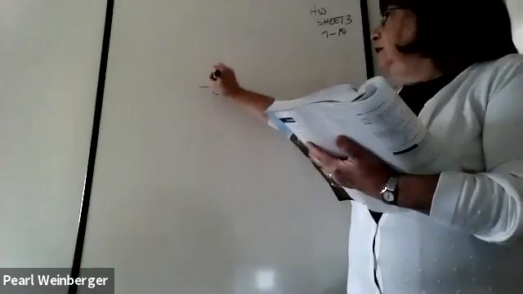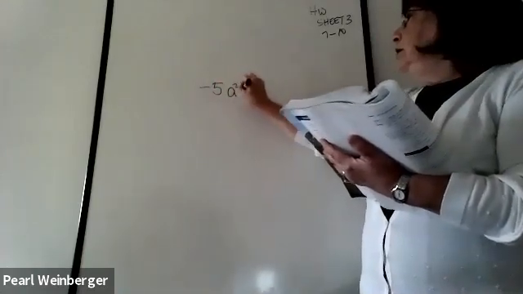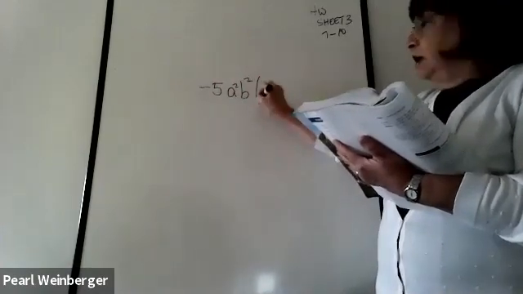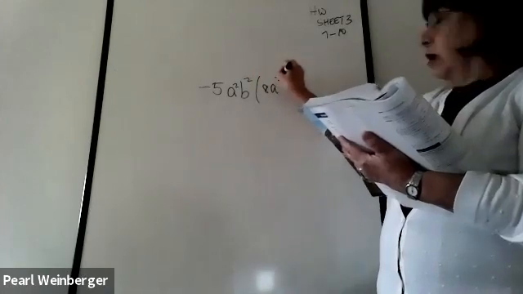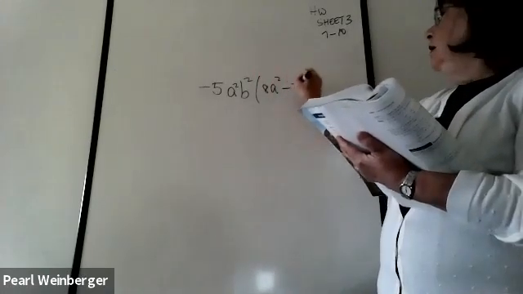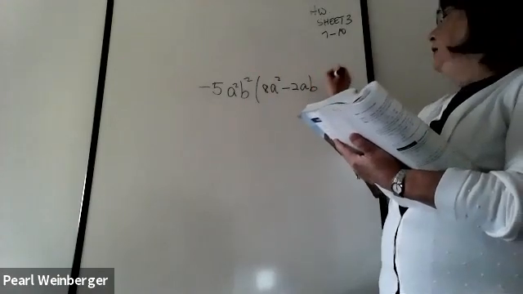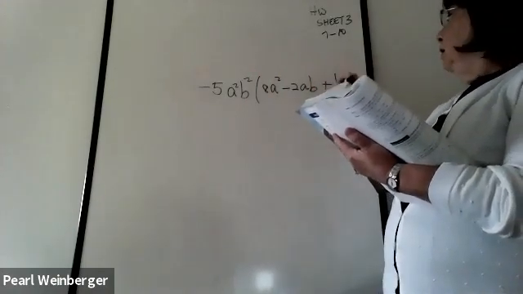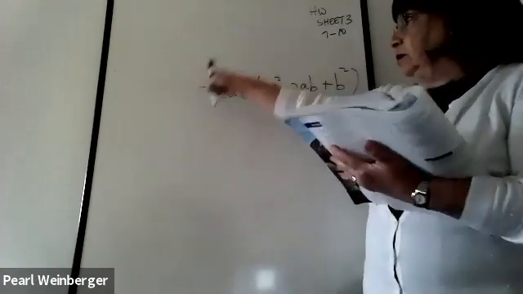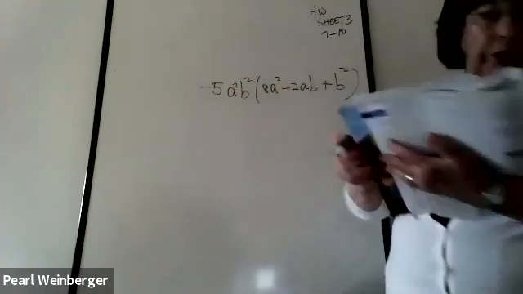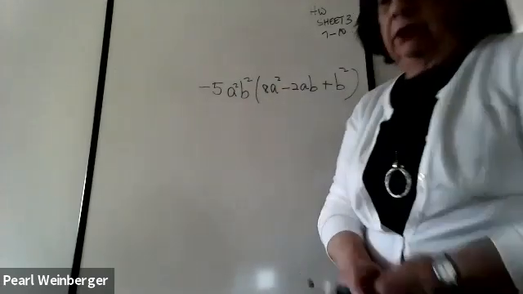Negative 5 a squared b squared, times 8a squared minus 2ab plus b squared. I'd like you to multiply this monomial, this is a single term, by this trinomial and get your answer as simple as you can.